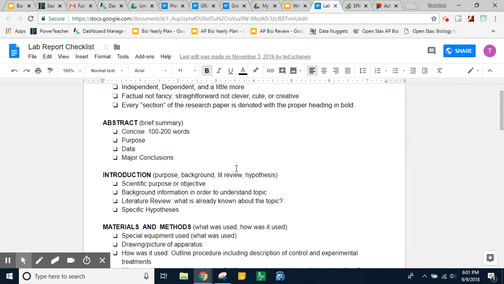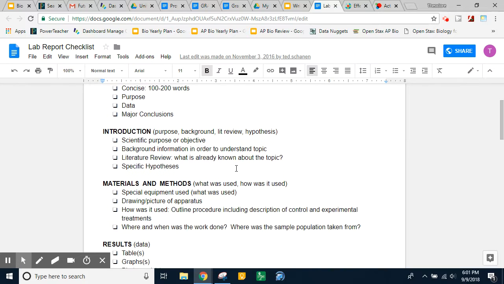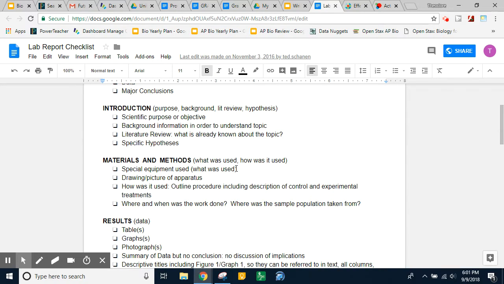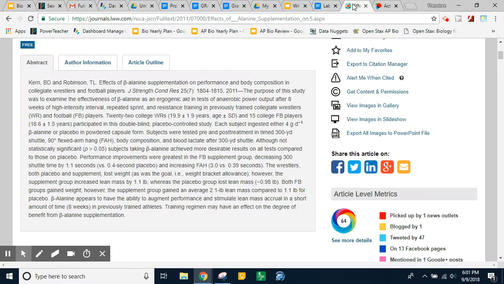But then to actually dive a little deeper into how a scientific research paper is organized, it gets into the introduction, which is a literature review of what is already known about the topic.